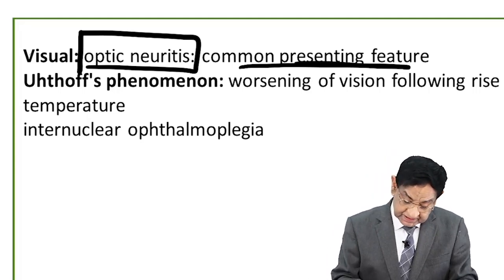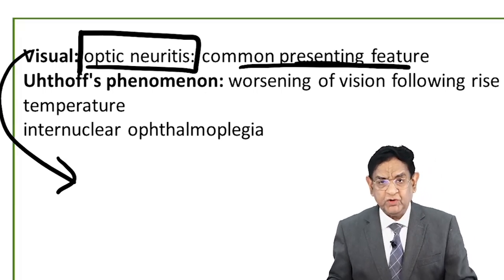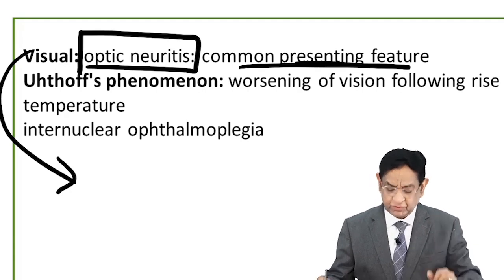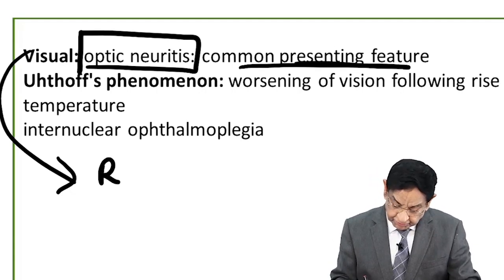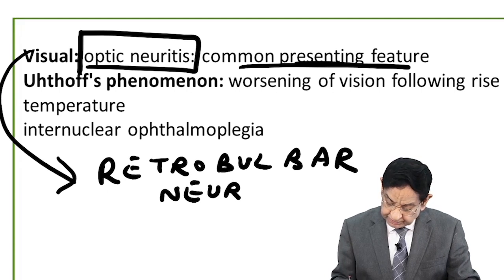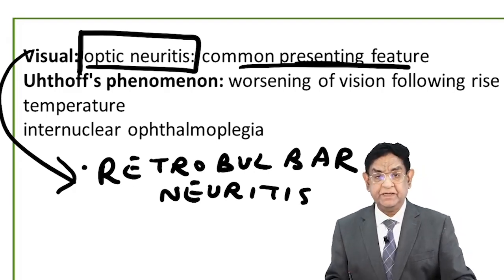But this needs more discussion. First of all, everywhere they write optic neuritis. In fact, the actual word is retrobulbar neuritis. This has a special meaning.